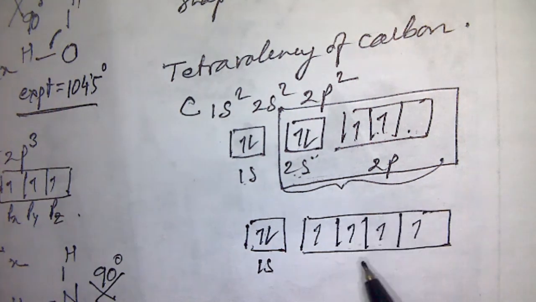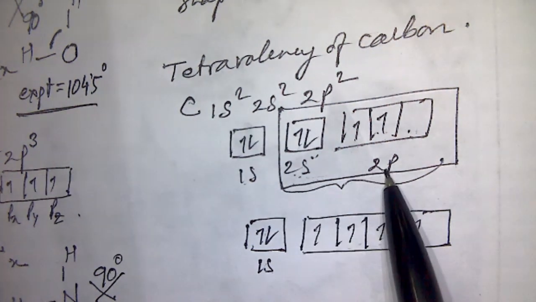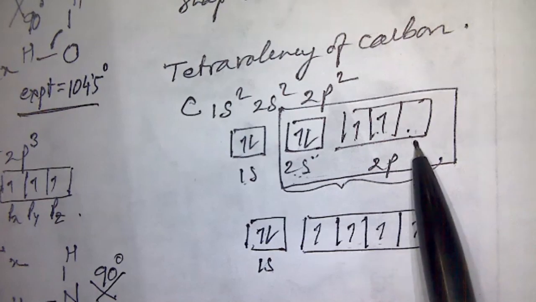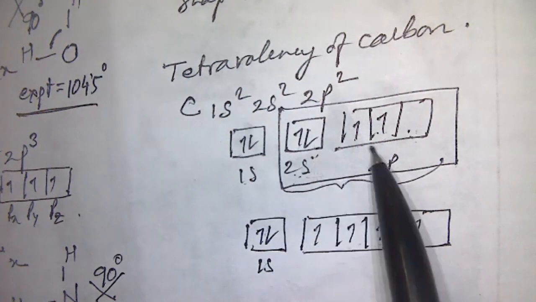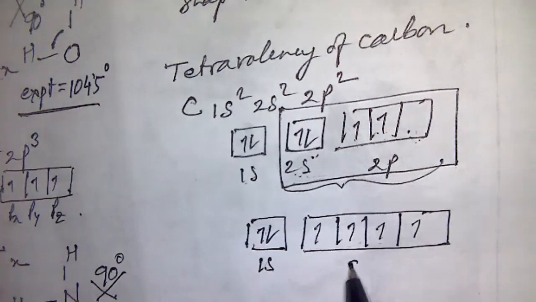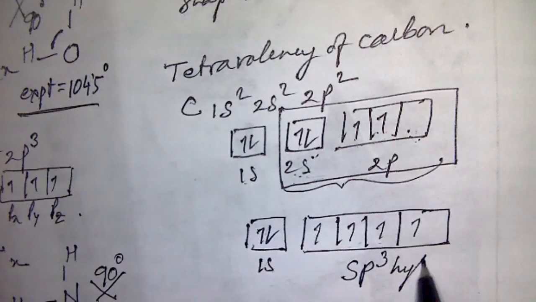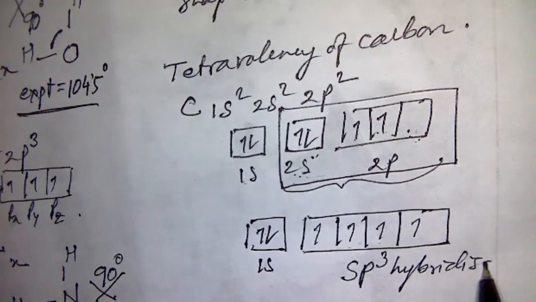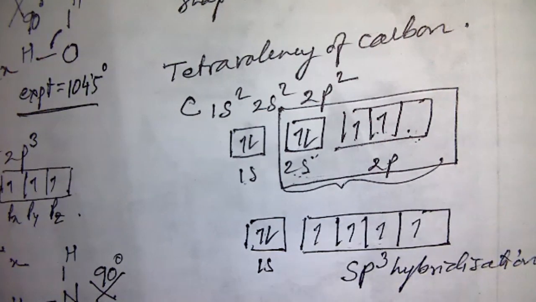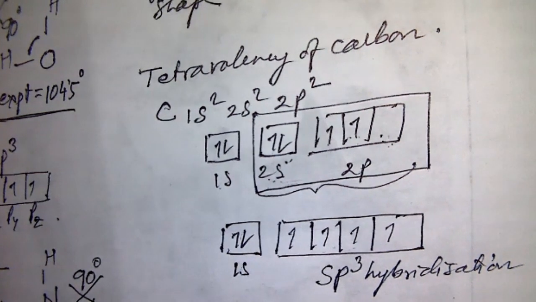And this type of hybridization, what do we call it? This is 2s and p. One orbital of s and 3 orbitals of p are combining, so this is called sp3 hybridization. sp3 means one of the s and three of the p's are combining.